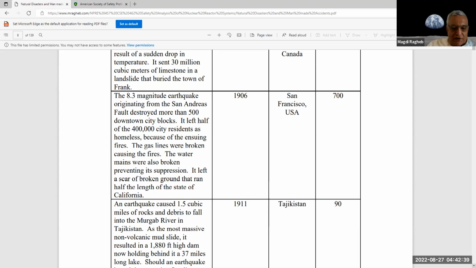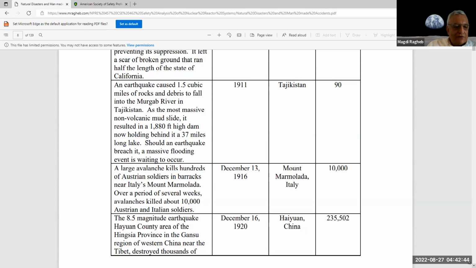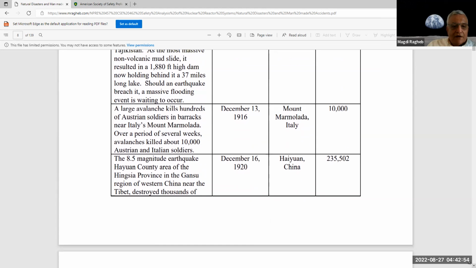Another earthquake happened in 1911. This is now the age of maybe your grandparents, in Tajikistan. And first, interesting, in Italy, there was a war going on between Austria and Italy at Mount Marmolada.